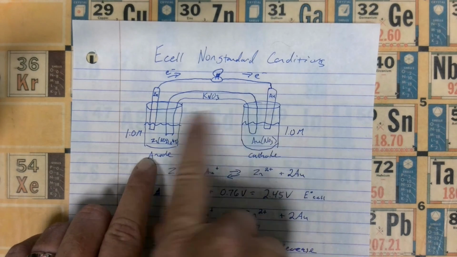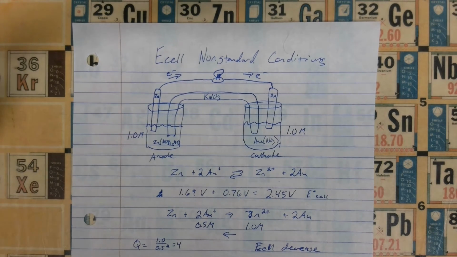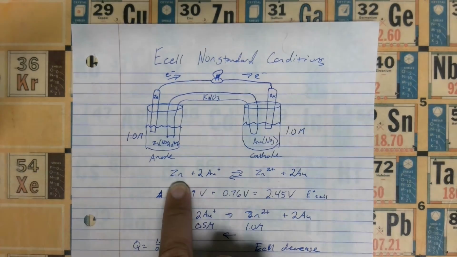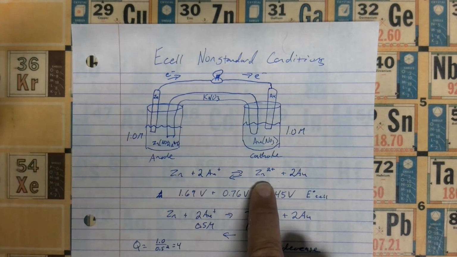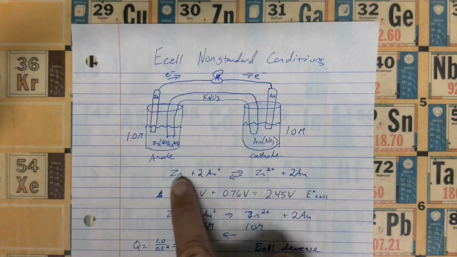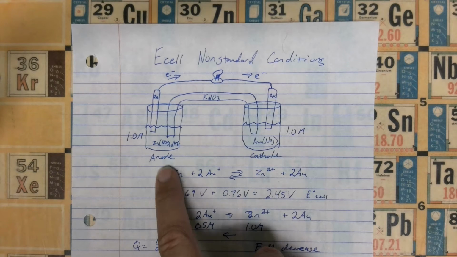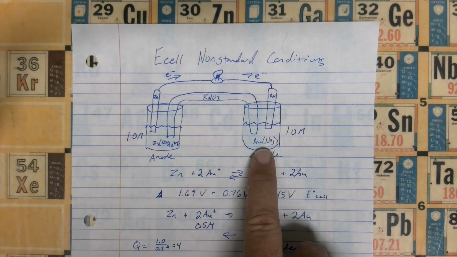And remember, they're connected by a salt bridge to balance the charge. So in this case, we have zinc plus gold ions yielding zinc ions plus gold metal. So the zinc is being oxidized, so it's at the anode, and the gold is being reduced, so it's at the cathode.